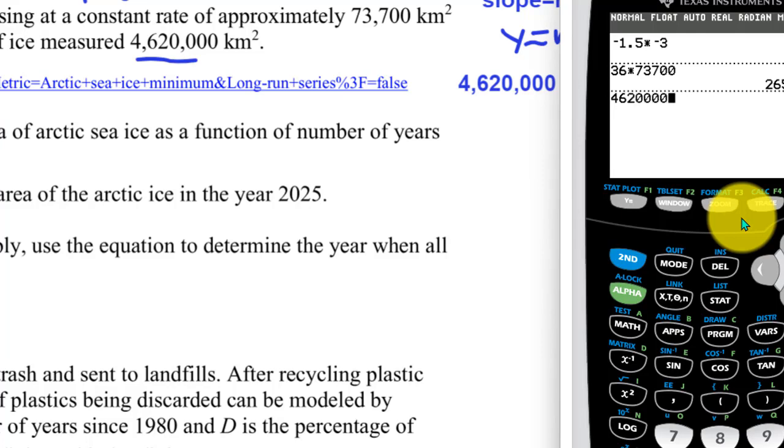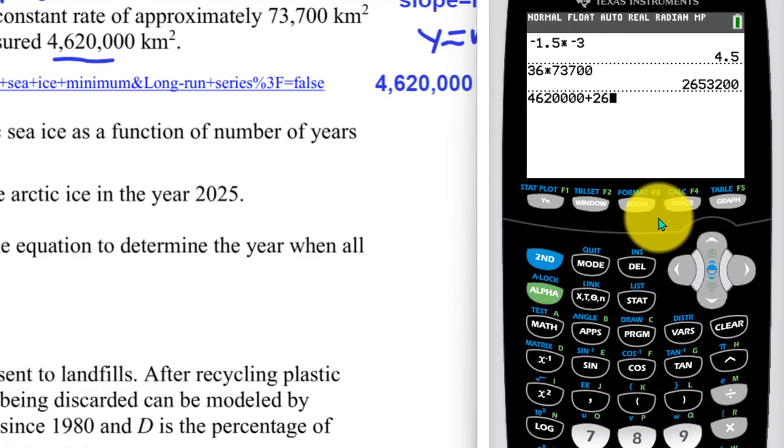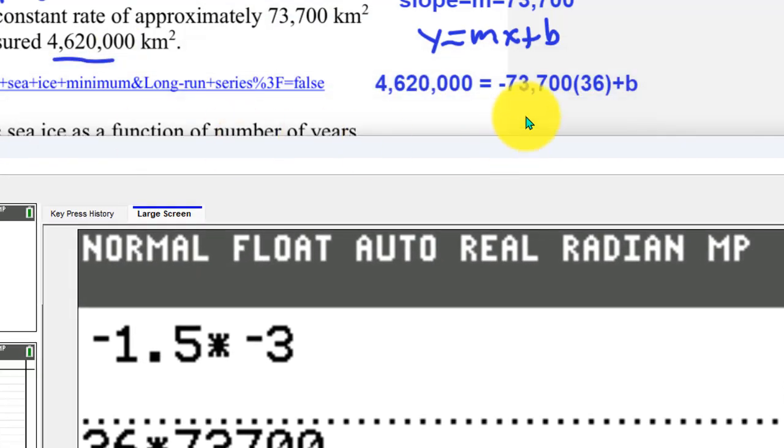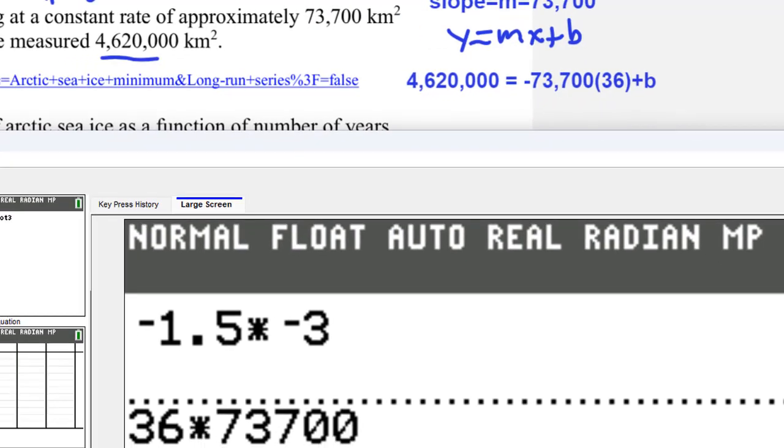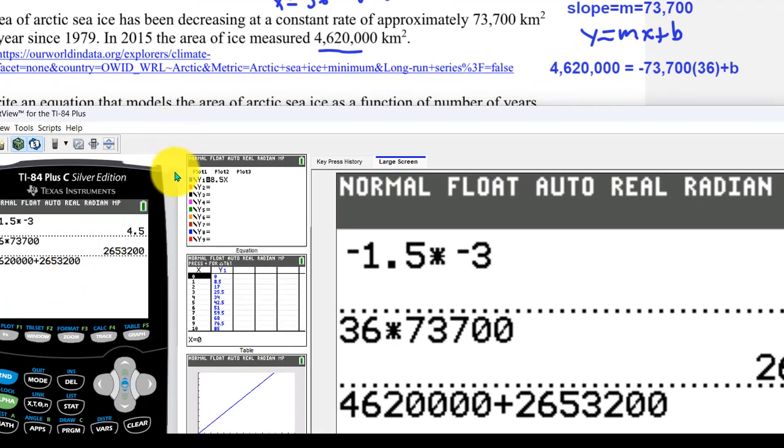So you're going to do the 4,620,000 plus the 2,653,200. Let's make sure I got that right. Right, so when we did the 36 times 73,700, we got 2,653,200.